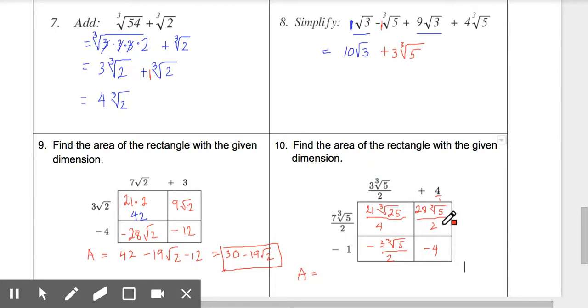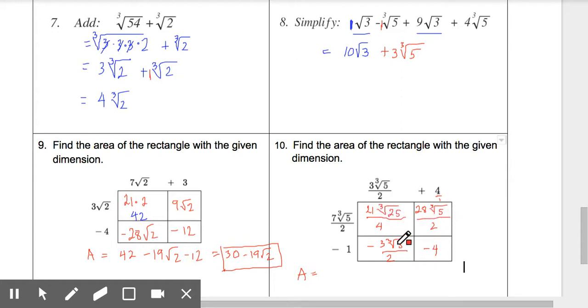So we look at these parts of the rectangle and see if there's anything that we can combine together. Now 21 cube root of 25 over 4 cannot be simplified any further. So we'll just keep that. And nothing looks like this, so there's nothing that we can add to this.